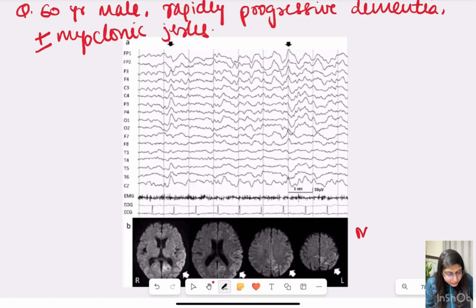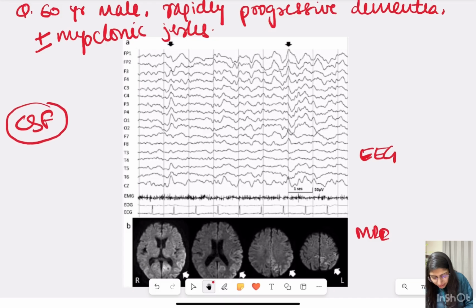What is the finding? This is the MRI. And what is the finding in the EEG? Or what can you do in the CSF to diagnose or confirm your first differential according to this EEG and MRI? So any of these questions can be there.